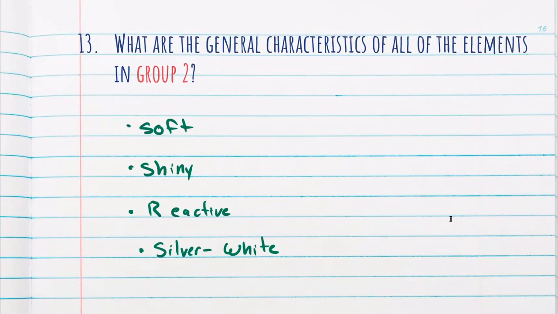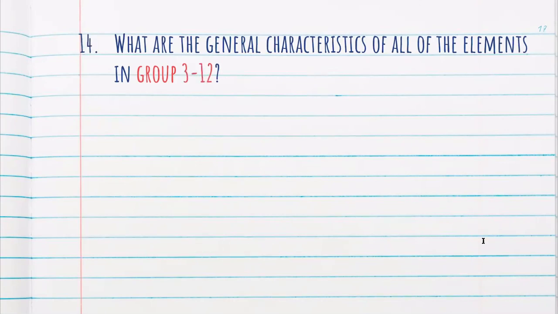Moving on to our next question. What about the transition metals? What do they all share? Well, this is the biggest group, and they're all kind of all over the place. They're all really colorful, and each one has different properties.